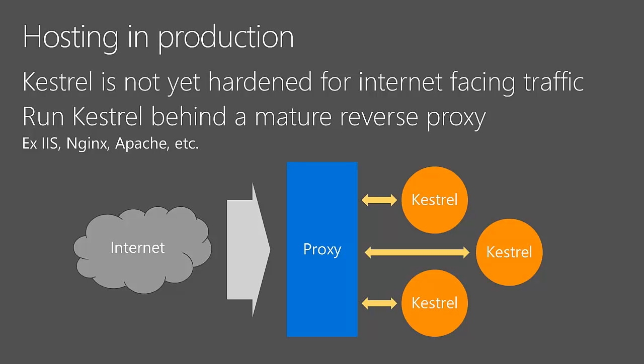It is not written to fight malicious traffic coming from the internet. For those things, IIS is pretty mature, and other web servers like Nginx and Apache are pretty mature. So it has to be hosted behind that actual web server. So it basically acts as a reverse proxy.